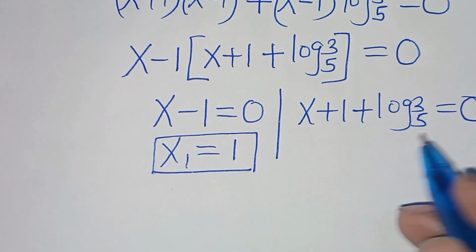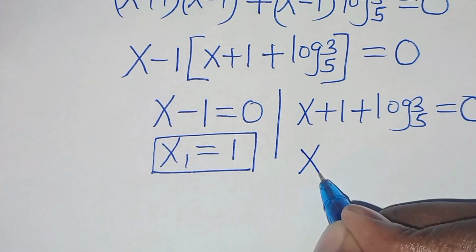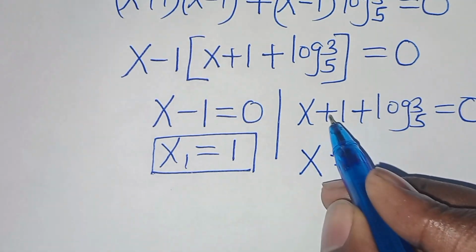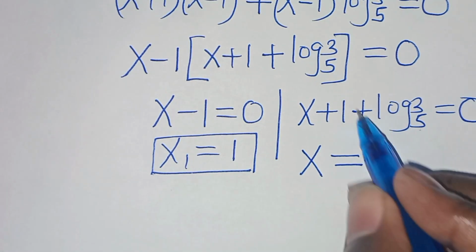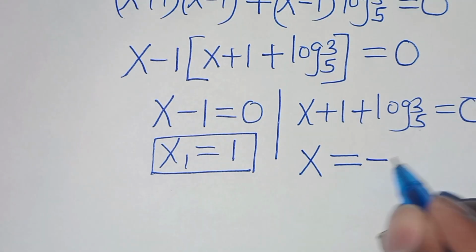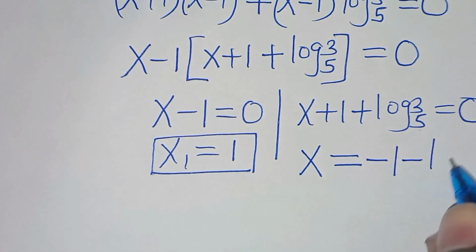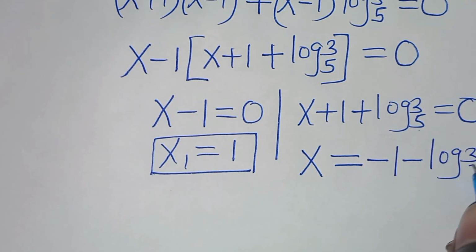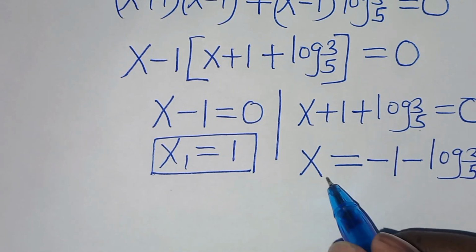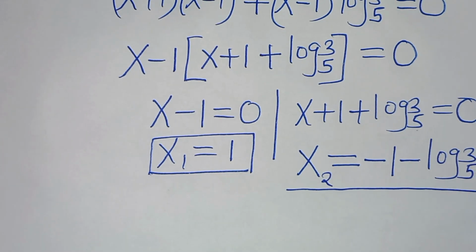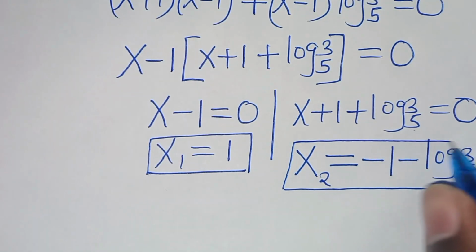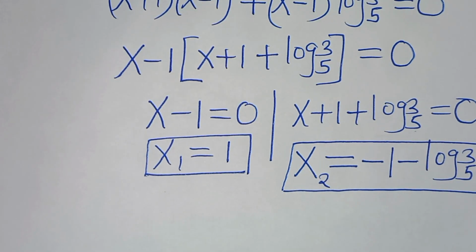From the second part, we take plus 1 plus log 3 to base 5 to the right hand side, so x equals minus 1 minus log 3 to base 5. This is x2, the second value of x.